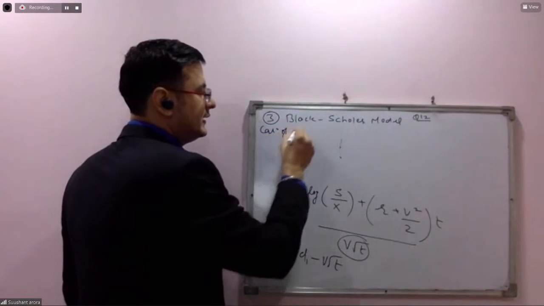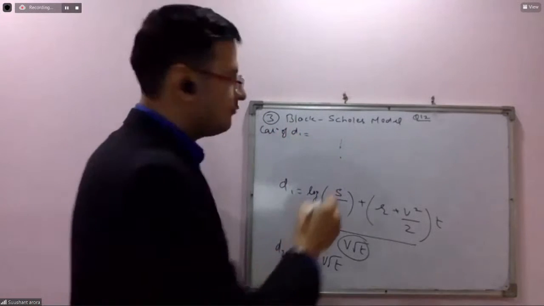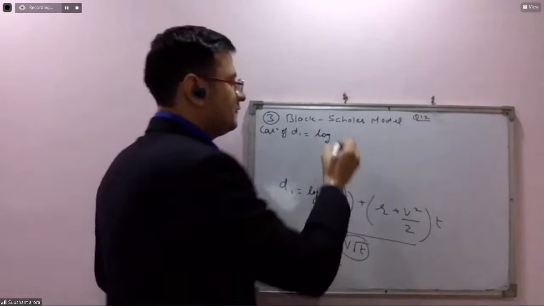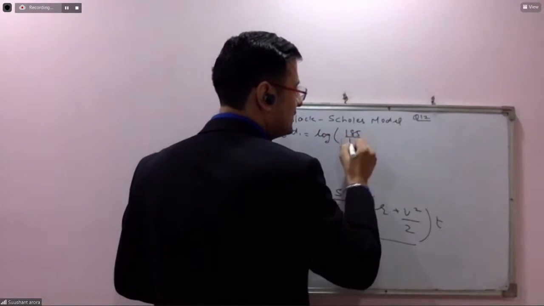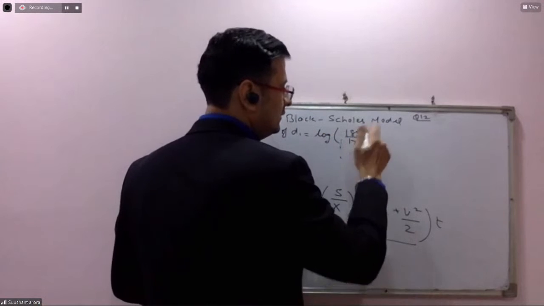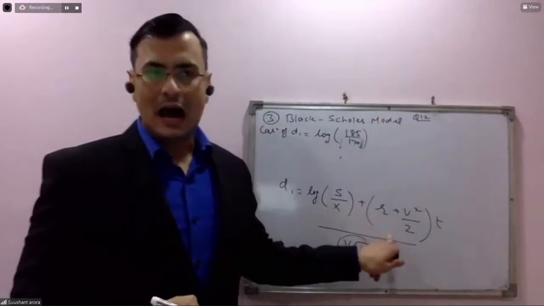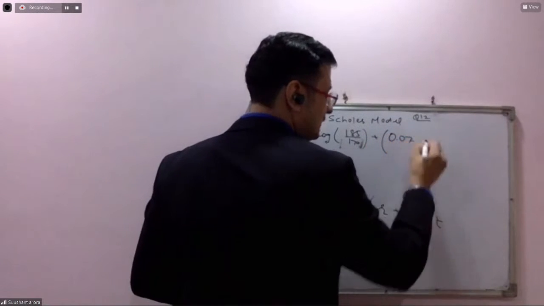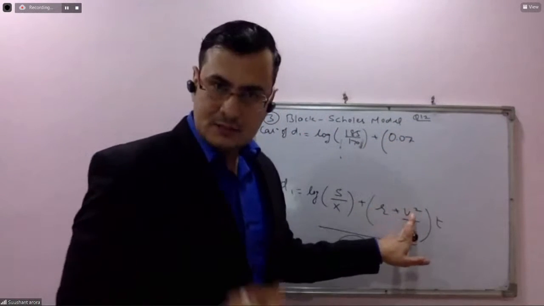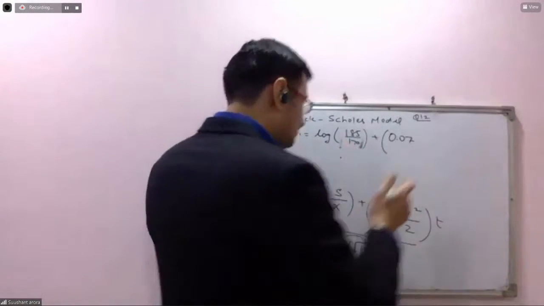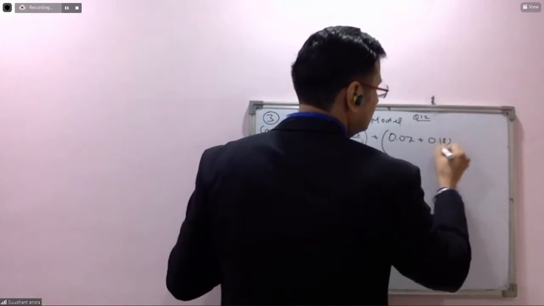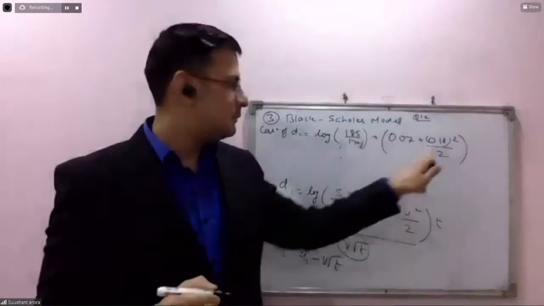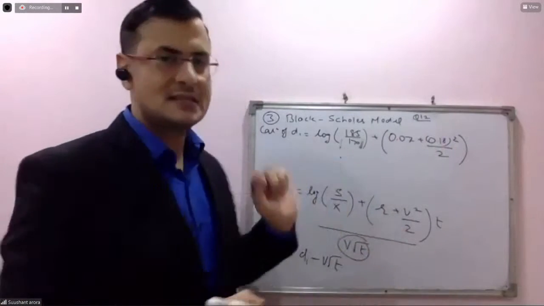Calculation of D1. So log of S divided by X, 185 divided by 170, plus R, the value 7%, 0.07, plus standard deviation, meaning volatility, divided by 2, multiplied by T. T is in year form, which is 3 years.